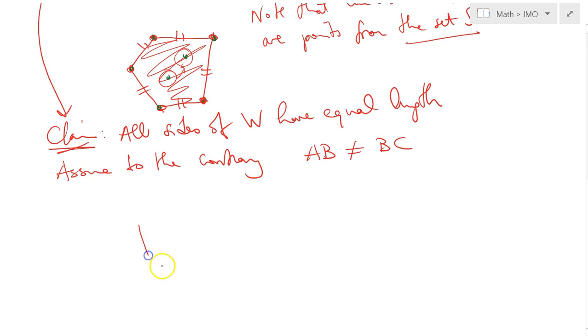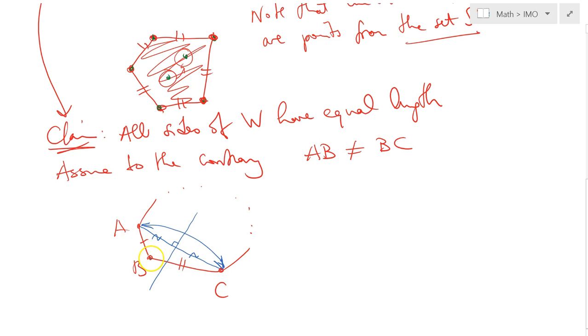So we have A, B, C with different lengths, and then you have some other points, but this is your convex hull. If I take simply the perpendicular bisector, say of AC, the perpendicular bisector will definitely not go through the point B, right? And as a result, when I reflect these points, obviously A and C will reflect onto each other, which is good.